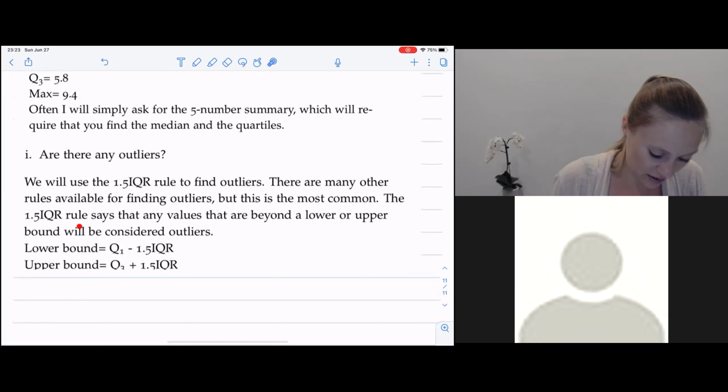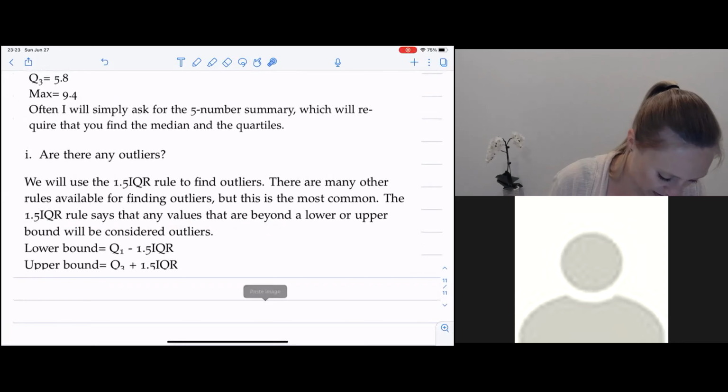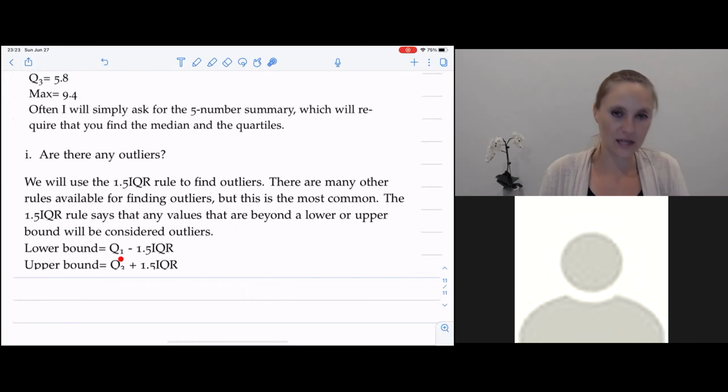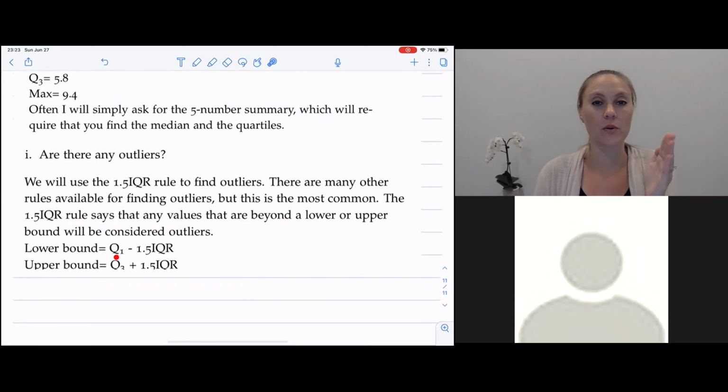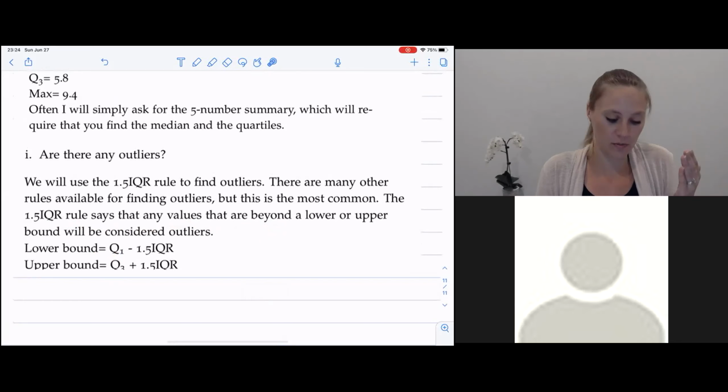So the 1.5 IQR rule says that any values that are beyond a lower or an upper bound will be considered outliers. The lower bound is Q1, because I'm going from the first quartile and then I want to move down 1.5 times the interquartile range, which means I have to subtract from Q1.